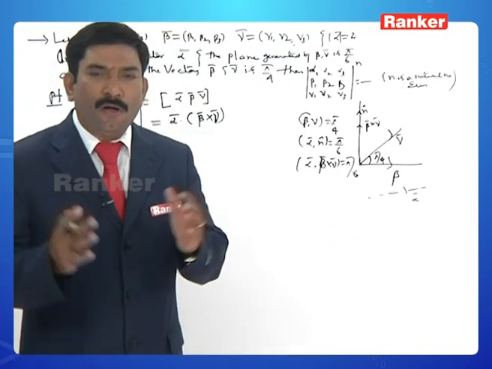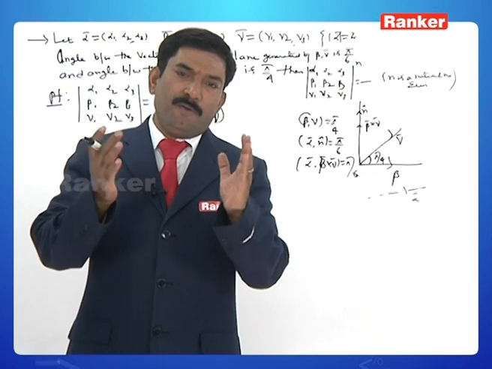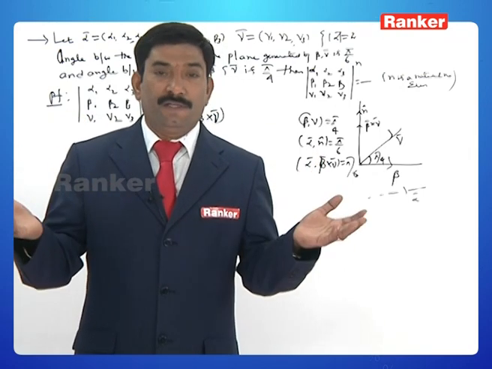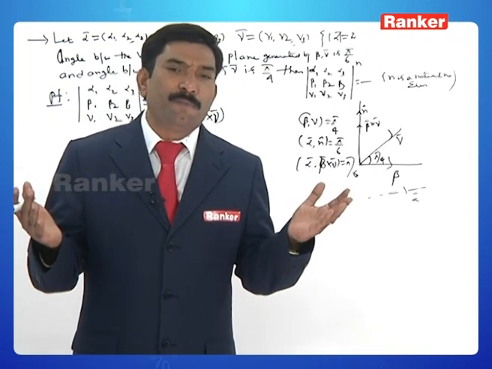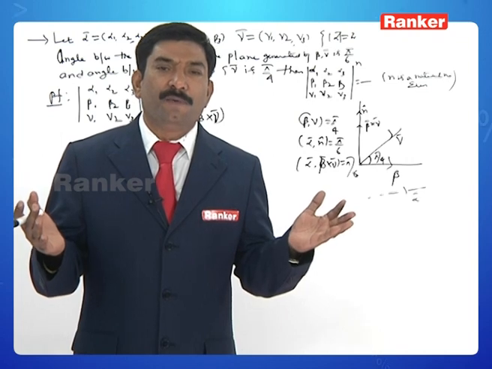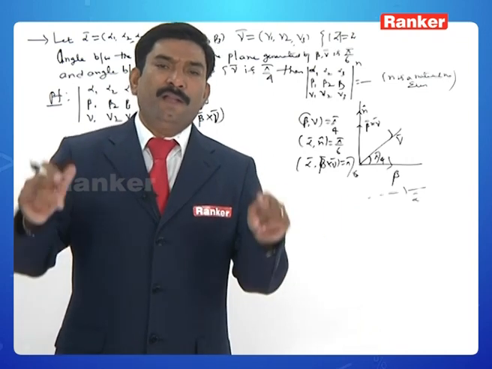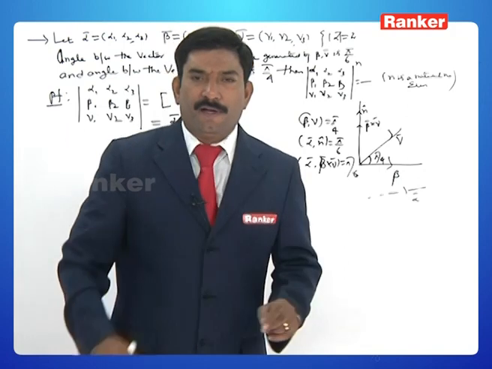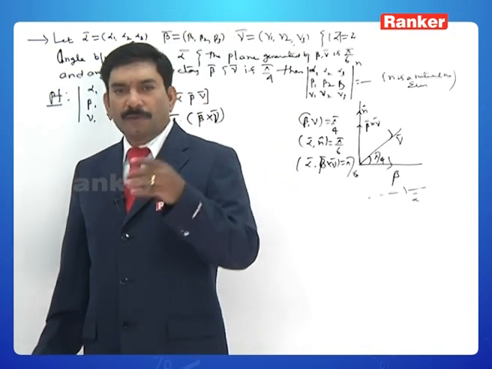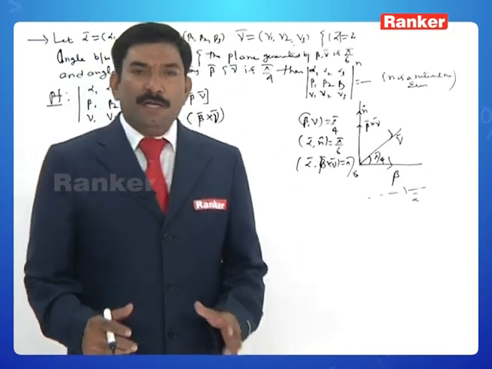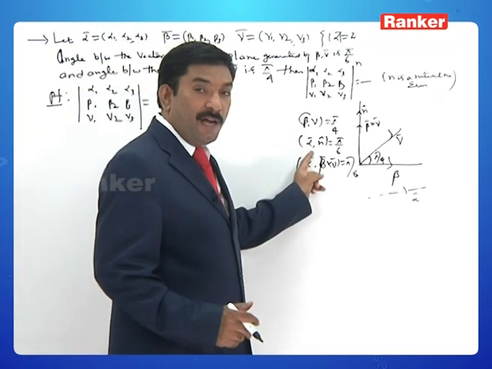As we already know, the angle between two vectors is given by cos theta equals a bar dot b bar by modulus of a bar into modulus of b bar, provided you are finding the angle between a bar and b bar. So here now it is a plane and a vector.